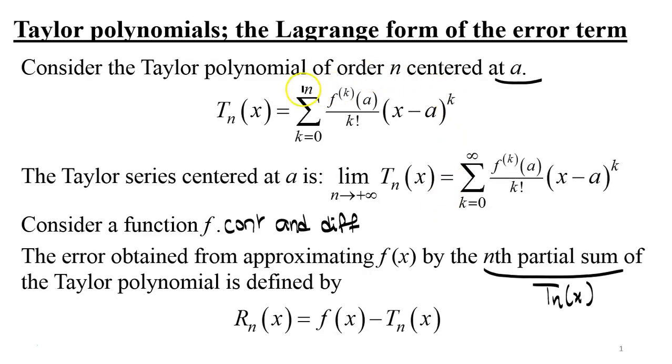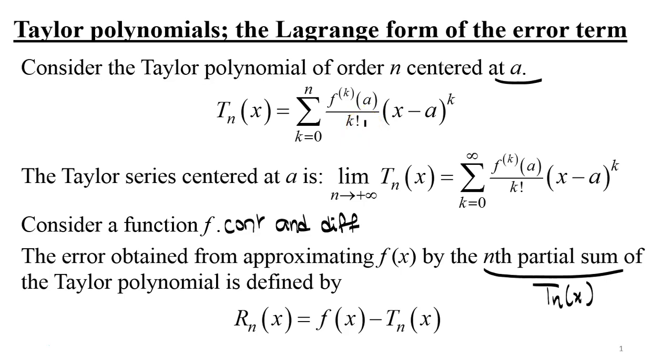So going back to the definition of the Taylor polynomial, you'd have the Taylor coefficient, which is the derivative of order k of a over k factorial times x minus a to the k. Now, the last term of the Taylor polynomial would be for k equal to n. So that would be x minus a to the n multiplied by the derivative of order n of f at a over n factorial.